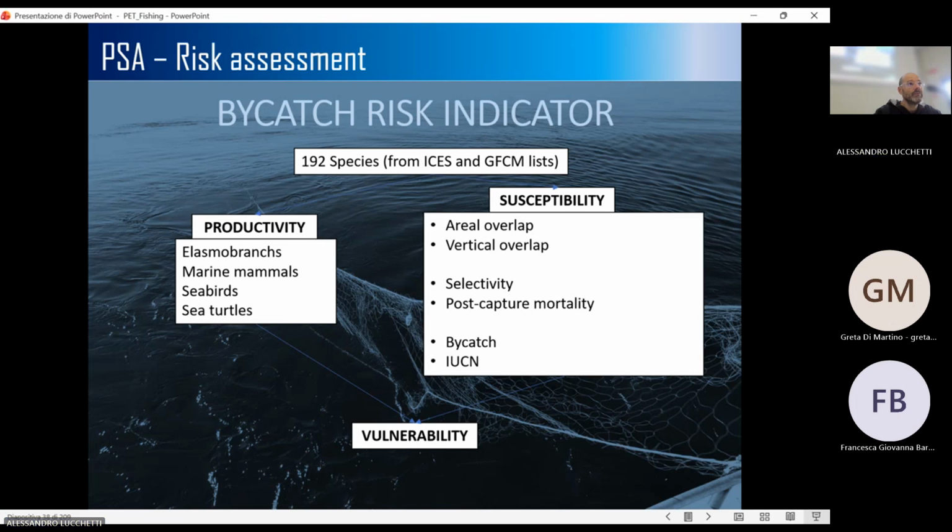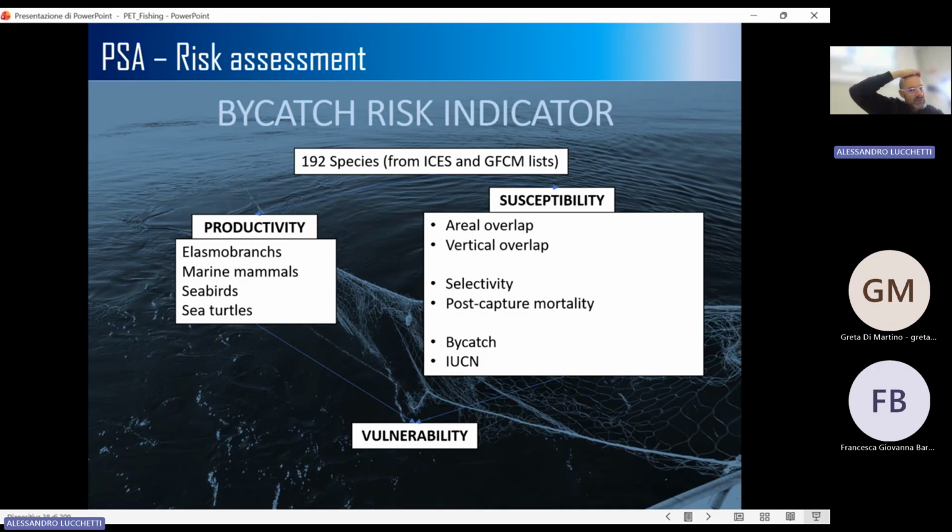Identify the area and the gear that pose a threat for a species, rather than estimating exactly the level of bycatch or how many specimens we can get without affecting the population at sea.